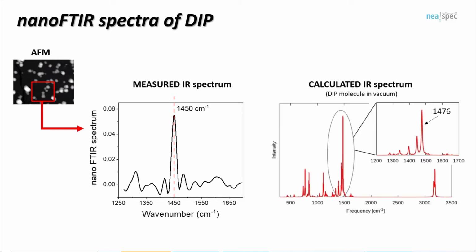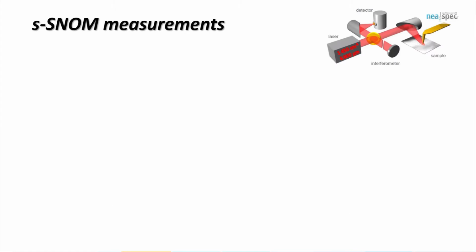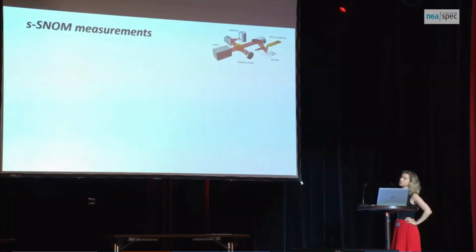We also did a DFT calculation of the IR spectrum, and you can see that there is a pretty good match between the absorption peaks. In fact, these spectra were calculated for a single molecule in vacuum. So now we have the wavelength to which we can tune our lasers so we can perform the s-SNOM measurements.